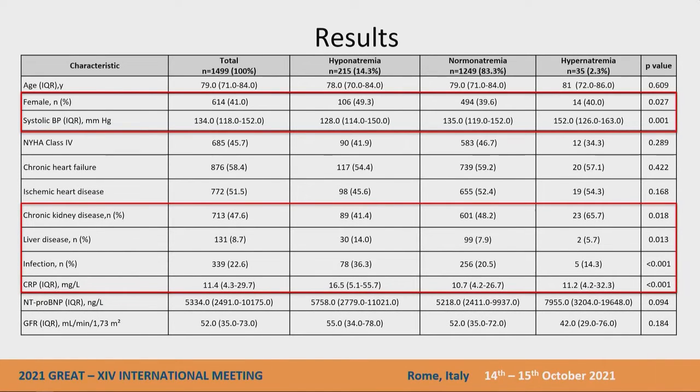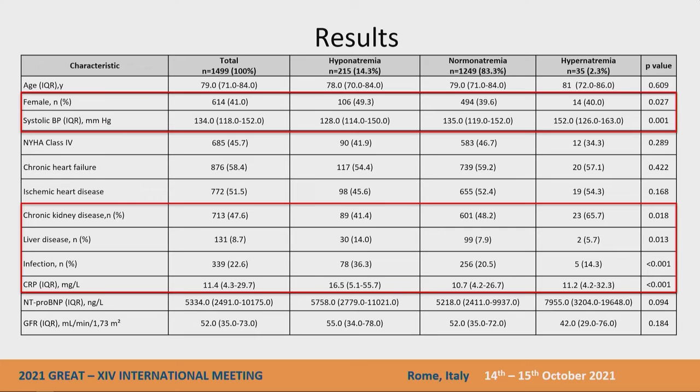You can see part of the baseline characteristics table on the slide. Results demonstrated that in the hyponatremia group, in comparison to normonatremia and hypernatremia groups, there were significantly more female patients, more patients with lower systolic blood pressure, more with prior history of liver disease, but fewer with chronic kidney disease.